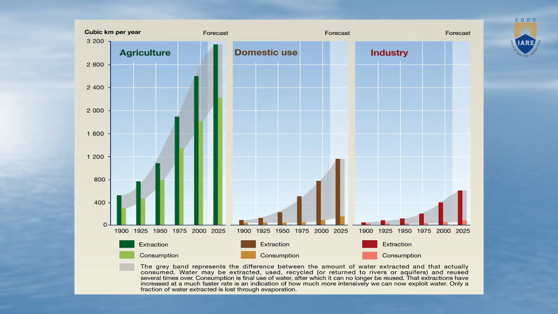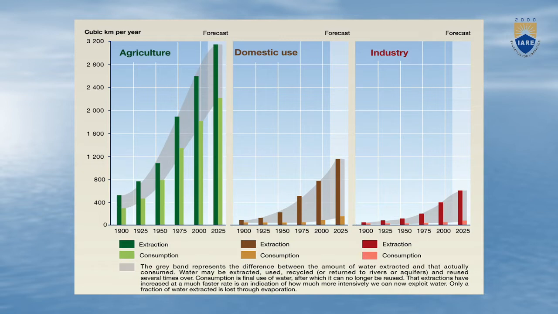The gray band represents the difference between the amount of water extracted and that actually consumed. Water may be extracted, used, recycled, or returned to rivers or aquifers and reused several times over.